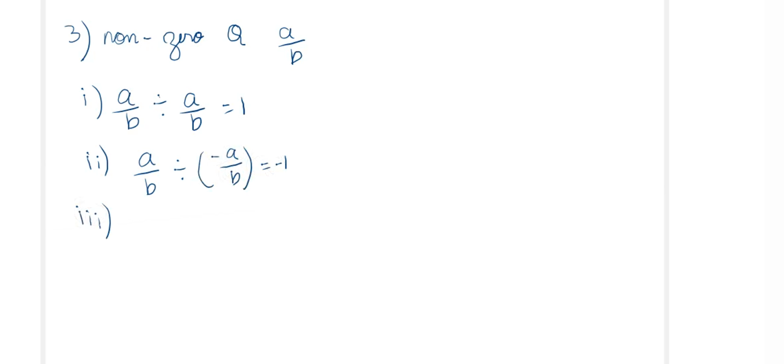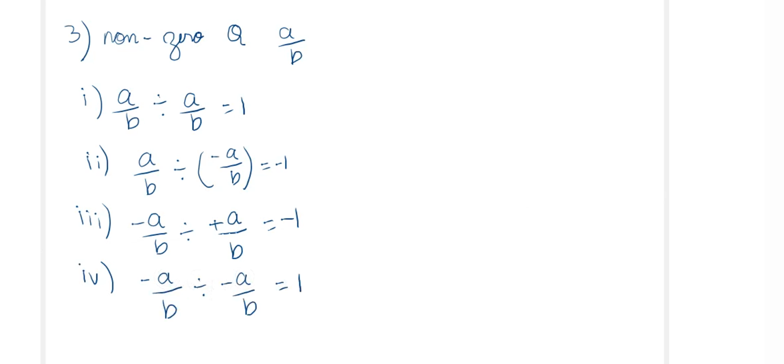And finally, minus a by b divided by plus a by b is equal to minus 1, and minus a by b divided by minus a by b is equal to 1. So we are going to check all these four.